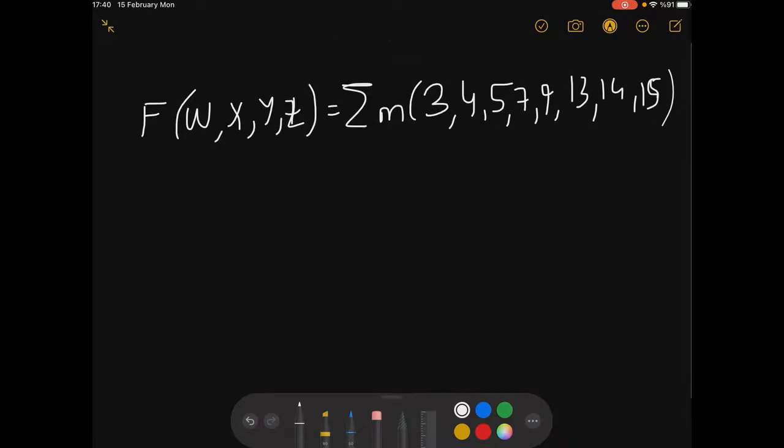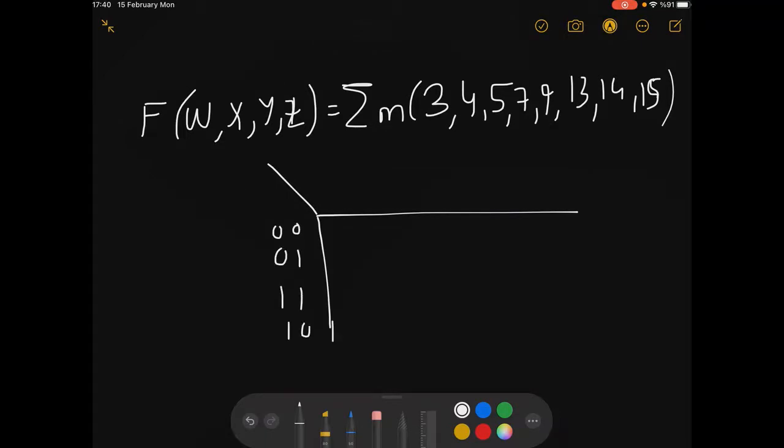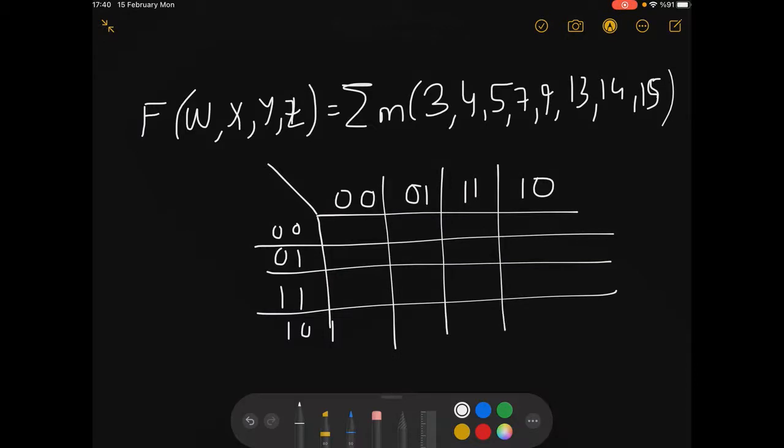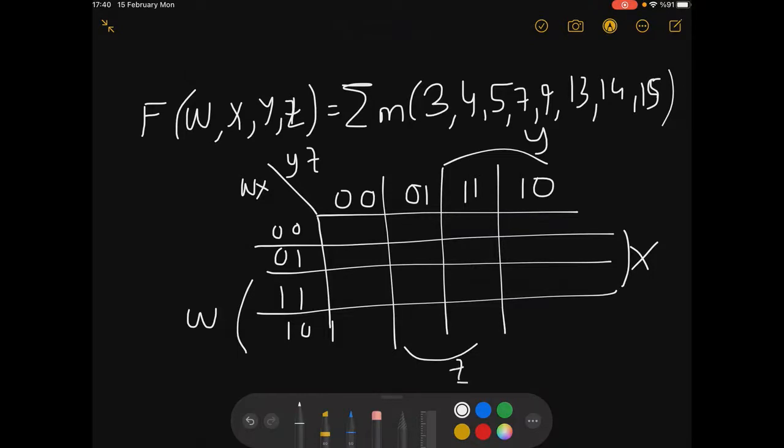So I first put them in the K-map carefully: 1, 1, 1, 1, 0, 0, 1, 1, 1, 1, 0. So as you see here, this is your W, X, Y, and Z region. Let's put them. Okay, let's go. So it is 0, 1, 2, 3.